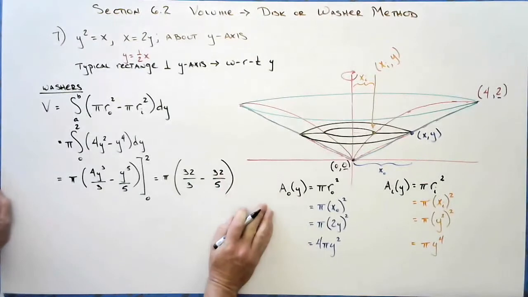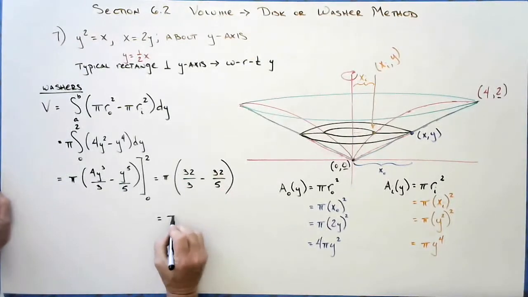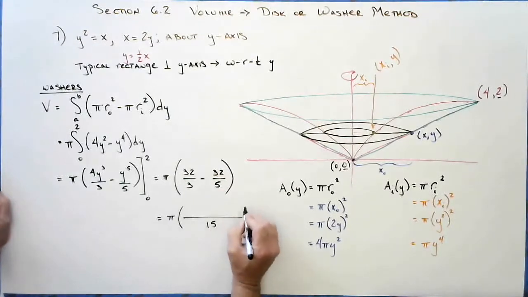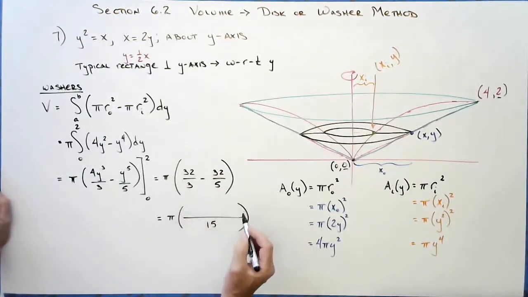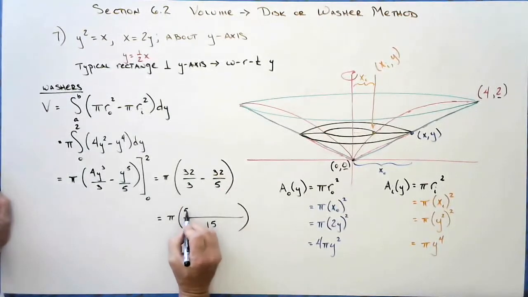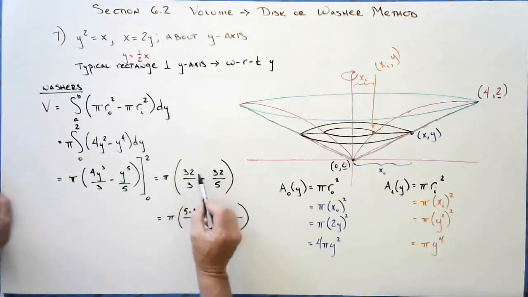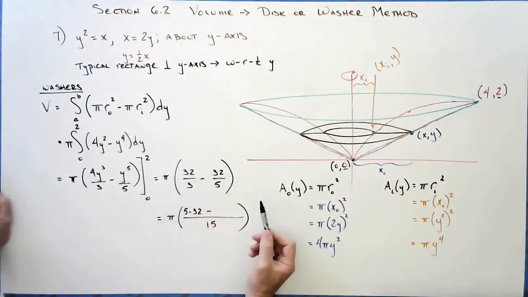Now, here's a trick from arithmetic that maybe you've seen, maybe you haven't, but it really makes things easy. Our common denominator here is 15, with 3 and 5. So 3 goes into 15 5 times, so here you have 5 times 32. Don't multiply that out. When you have the same numerator here, you can do this every time.